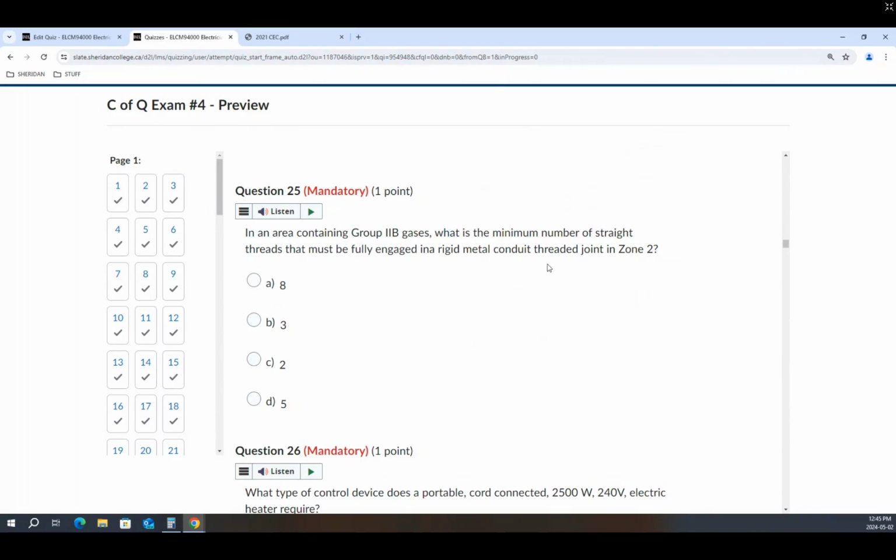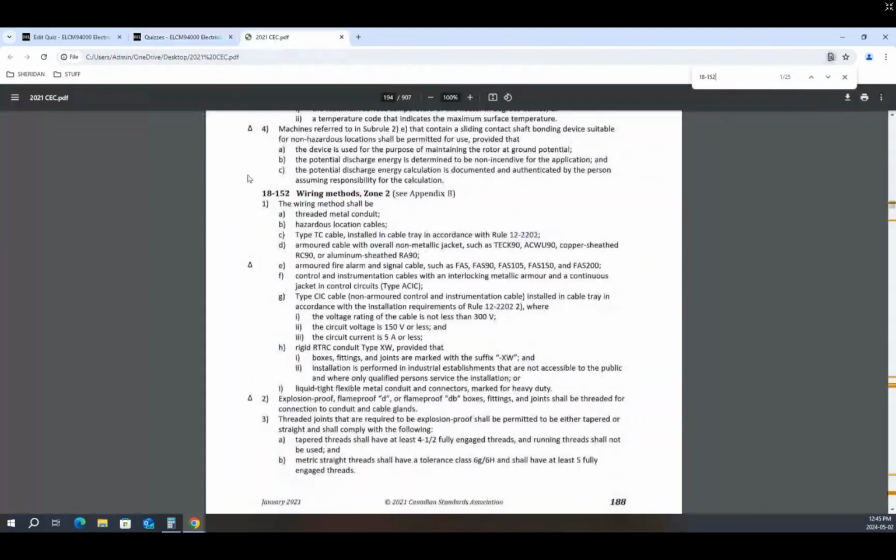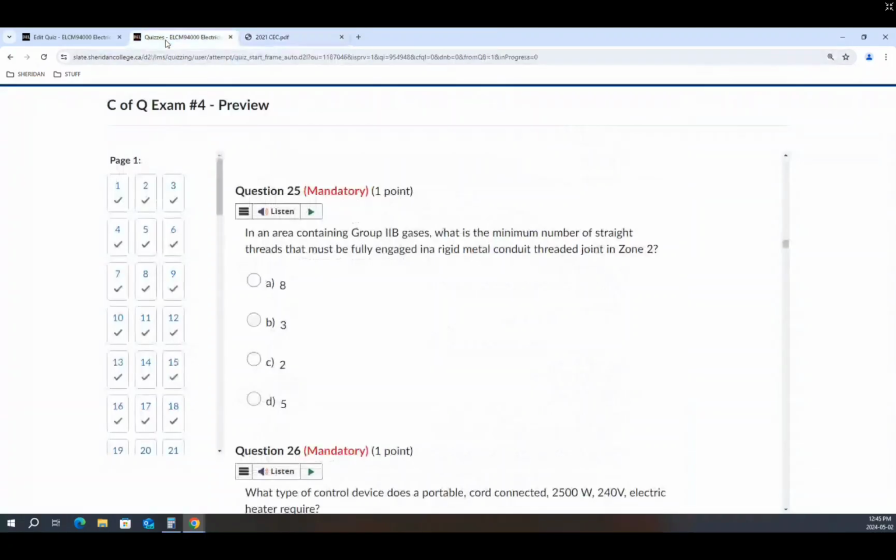So for fully engaged threads in a rigid metal conduit in zone 2, again, you have to take the best answer. And here it says at least 4.5 fully engaged threads. So I'm going to have to take 5.